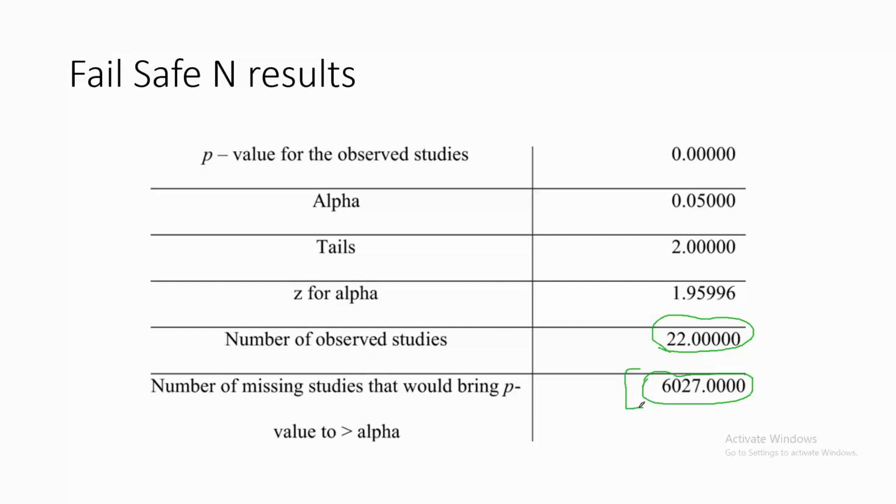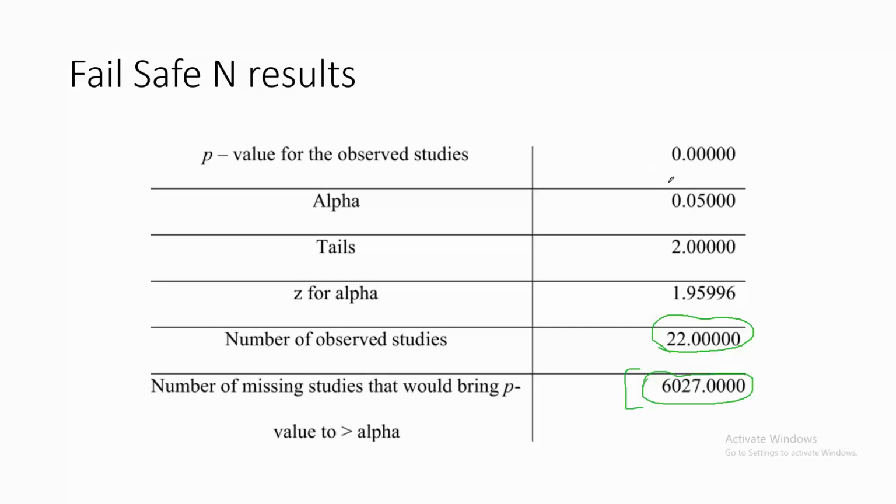He's taken 22 papers and he needs another 6,027 papers from the world, all insignificant papers, to come to light for his effect size to become 0. That is what the effect size is.